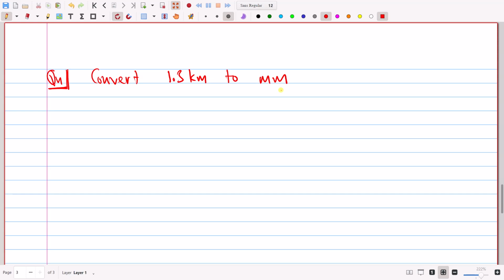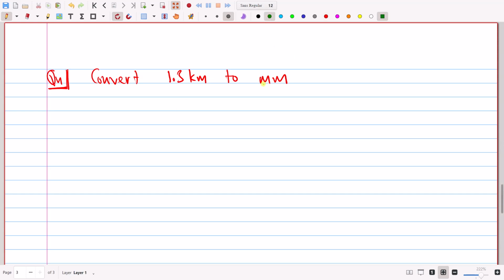So now you want to convert from the kilometer to the millimeter. If you look closely at the information that we have concerning the SI units, one of the things you will realize is that we do not have a relationship between the kilometer and the millimeter.